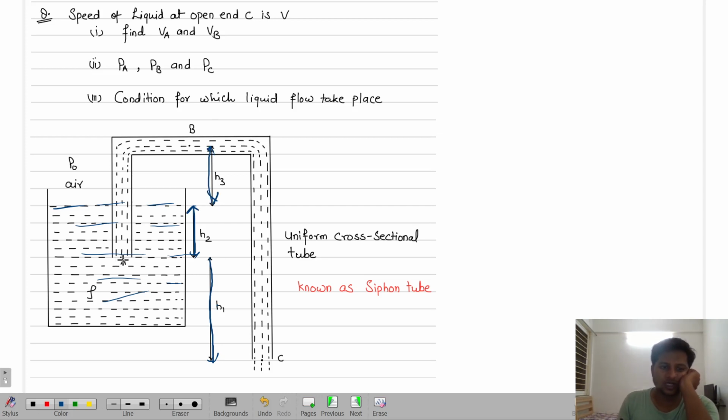Then find pressure at A, pressure at B, and pressure at C, and find the condition for which the liquid flow will take place. Is that clear? This is A, this is B, marking it once again, and this is point C.